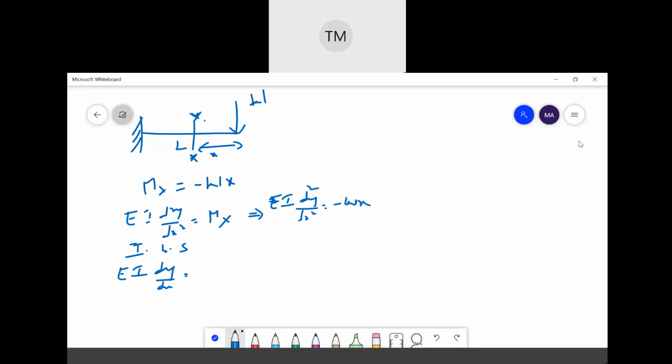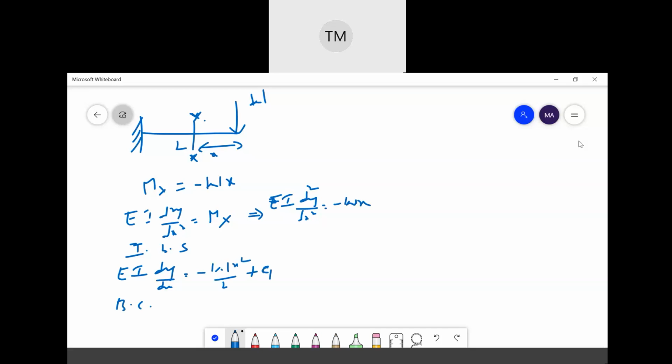If I integrate this equation on both sides, EI dy by dx is equal to minus w into x square by 2 plus C1. I will apply the boundary conditions to calculate the constant C1.